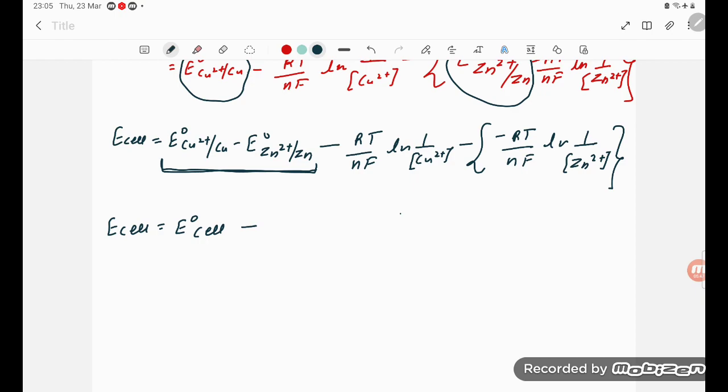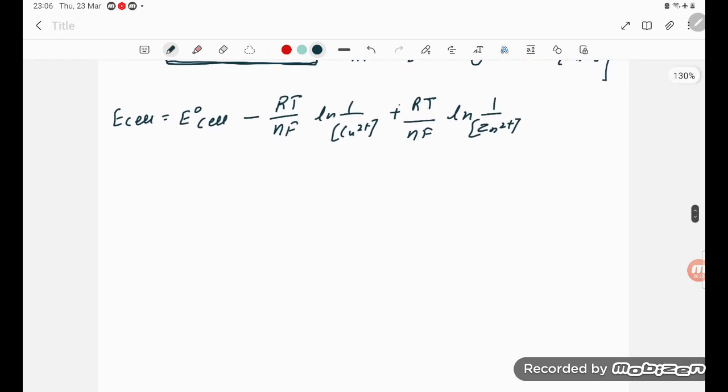Let us break out the sign here: minus RT upon nF ln 1 upon Cu2+, then minus minus becomes plus, plus RT upon nF ln 1 upon Zn2+. Now RT upon nF is common, so we take it out. So E cell is E naught cell minus RT upon nF, and what is left out, student?